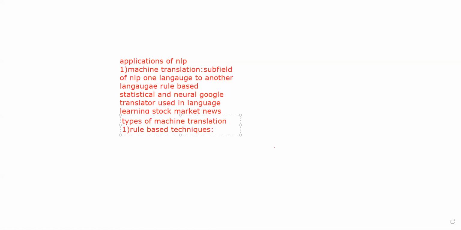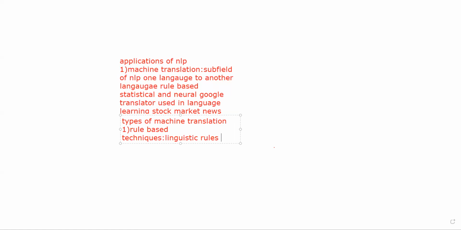Rule-based techniques. Rule-based machine translation systems were the first commercial machine translation systems. They are based on linguistic rules that allow the words to be put in different places and to have different meanings depending on the context.